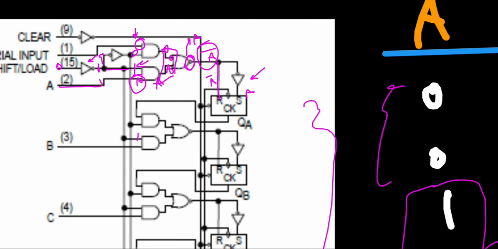Now, the same thing applies to all of the others. You see, this 0 would go through this wire to one of the AND gates. So we have 0 here, B comes here, and we have B here. 0 or B, we would have B on the output of the OR gate. We have a NOT gate. We would have the NOT of B, and therefore we have B itself.